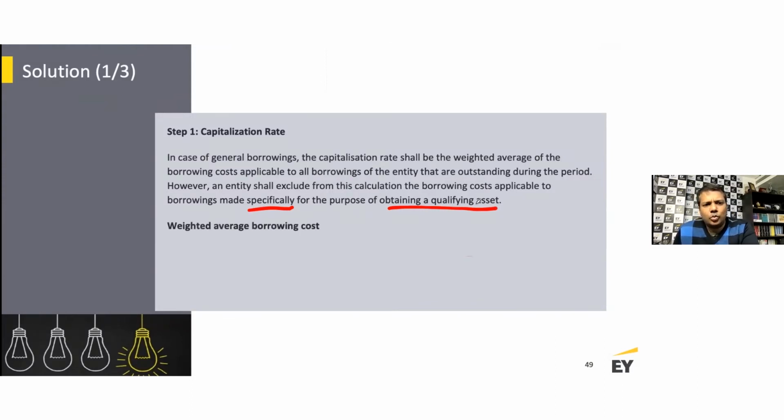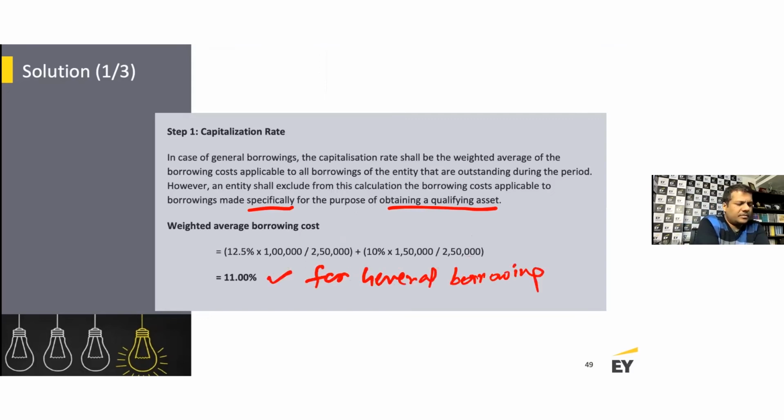So for general borrowing, it is 12.5% into 1 lakh by 2,50,000 plus 10% into 1,50,000 by 2,50,000. So my weighted average rate of borrowing for general borrowing is 11%.